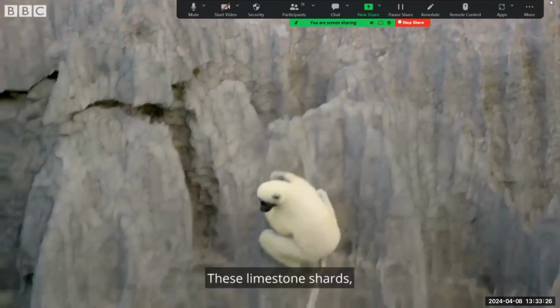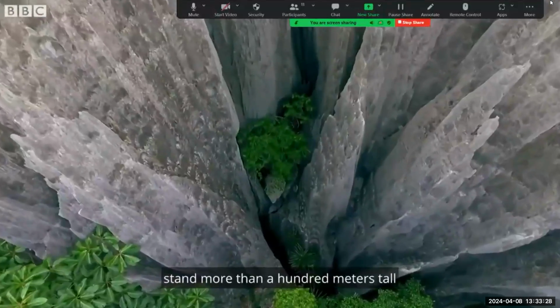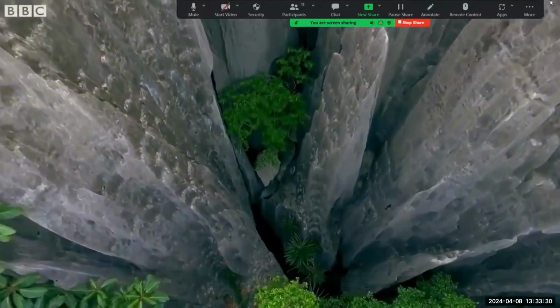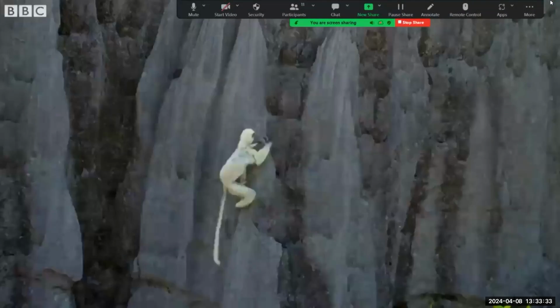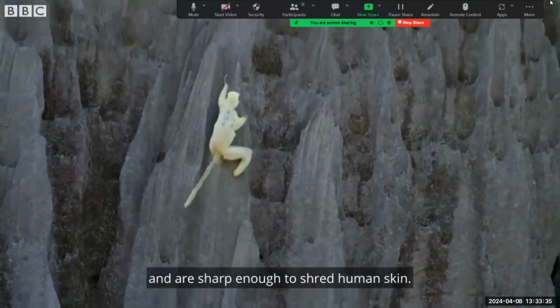These limestone shards stand more than 100 meters tall and are sharp enough to shred human skin.